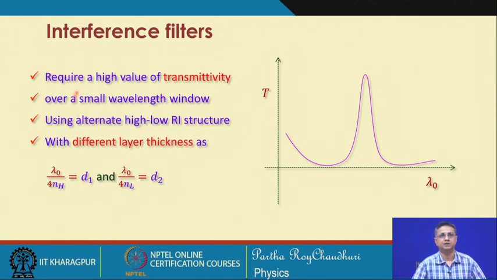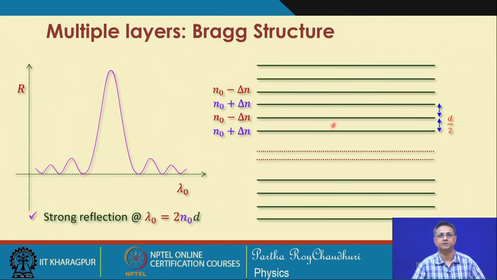Interference filter is another example. If I choose the stacks differently from the one I have shown, because in that case all the stacks have the same thickness, so that d by 2 represents one layer and one high and one low together make the distance d.